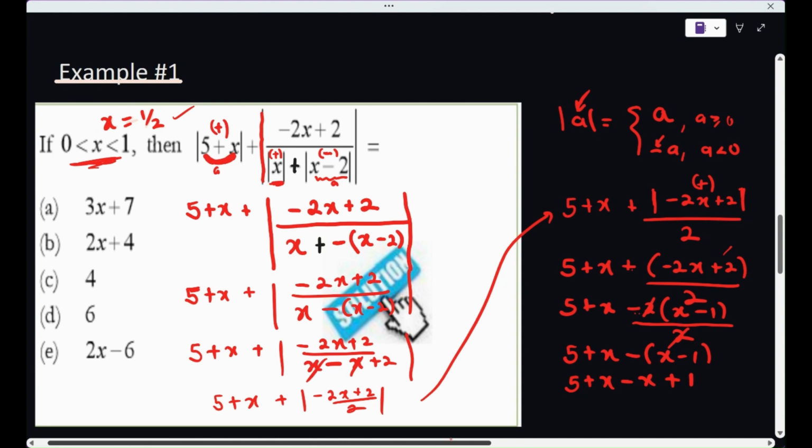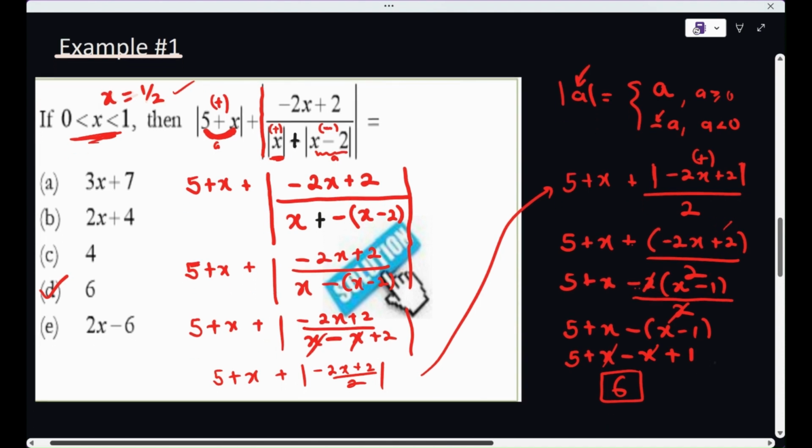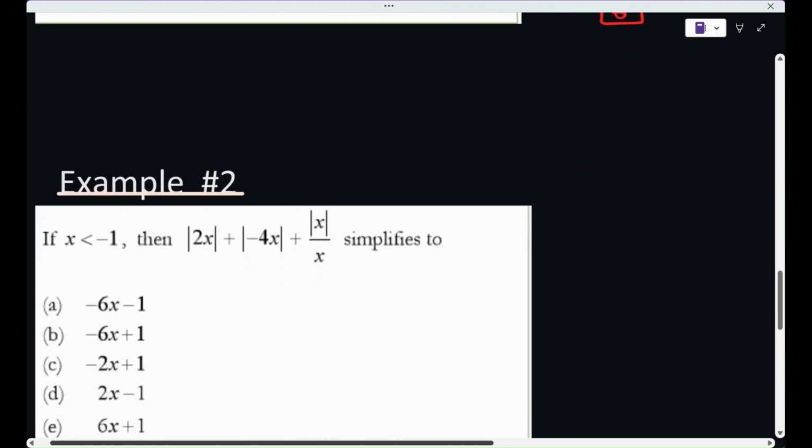You just have 5 plus 1, which is 6. So the answer to this will be D is the correct answer. Okay, so here you can try to make it faster, but it's fine. I try to follow a lot of steps here.